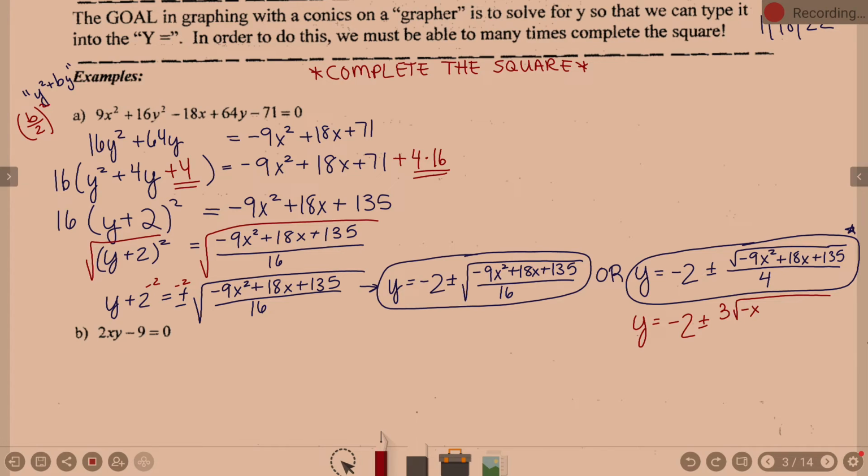So it's a -x squared plus 2x plus 15, I believe, and all over 4. That's another option. And these are all equivalent. It doesn't matter which way you type into the calculator. They're all going to be equivalent as long as you type them correctly.